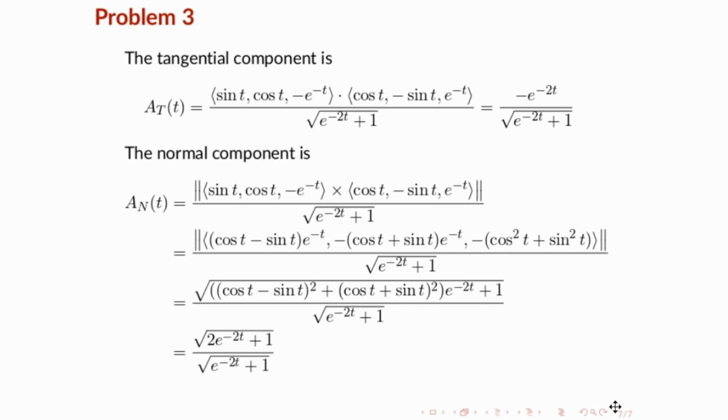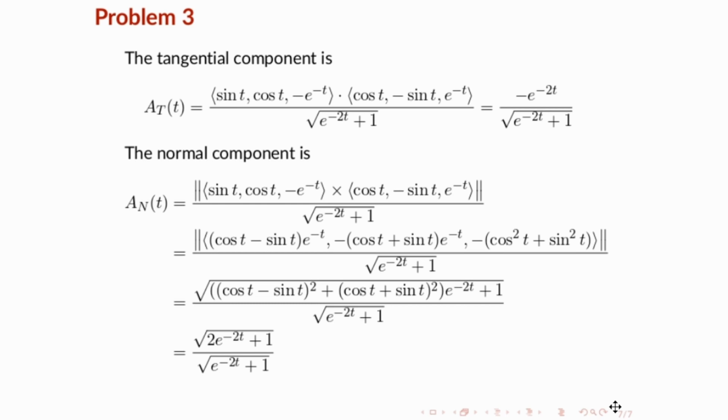What are we going to have here? We can square the stuff inside the e to the power of negative 2t term in order to get us cosine squared t minus 2 times sine t times cosine t plus sine squared t. And then for our second, we have cosine squared t plus 2 sine t times cosine t plus sine squared t.